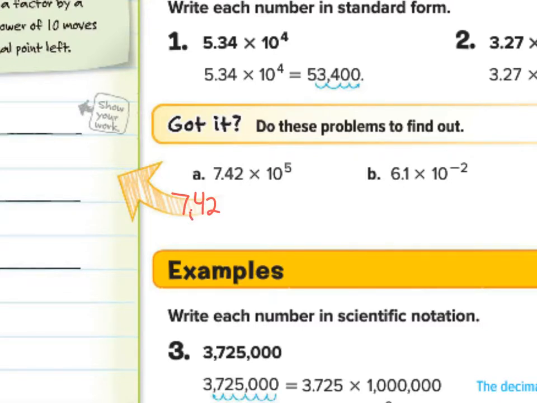So I'm going to make spaces 1, 2, 3, 4, 5. Each space here I have to add a 0 to it. Okay, so it becomes 742,000, right? Yep, 742,000.